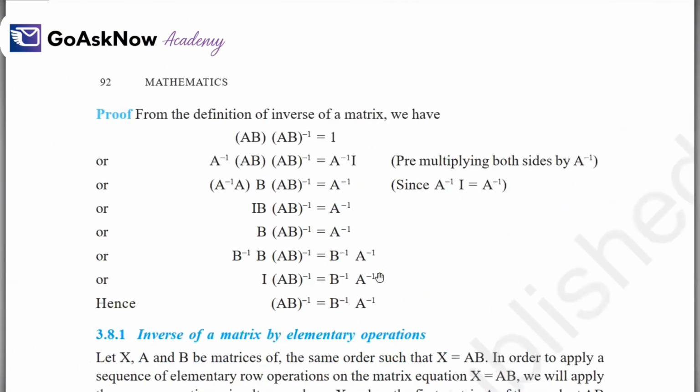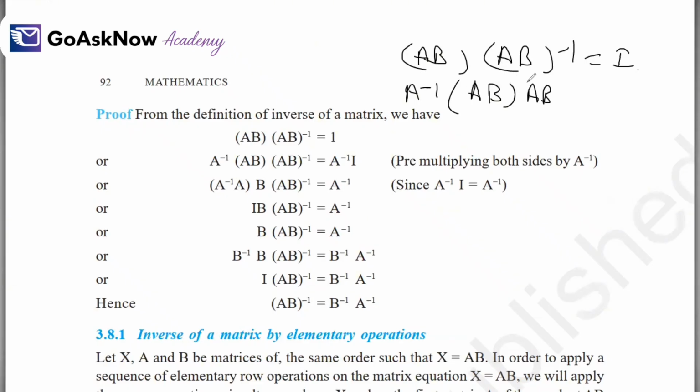From the definition of the inverse of a matrix, we have AB into (AB) inverse equal to I. Like if you have any matrix AB and its inverse, and you multiply them, you will get the identity matrix. Now multiply both sides by A inverse.